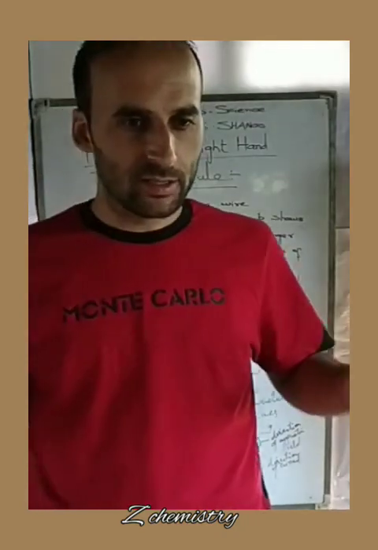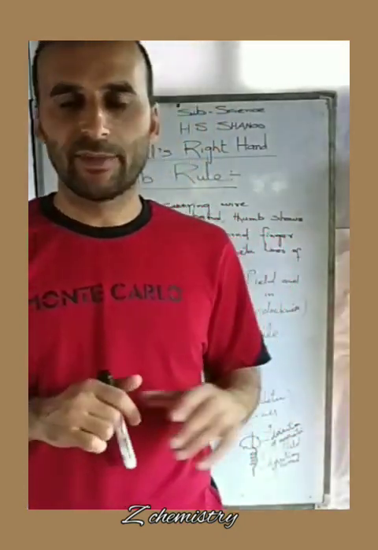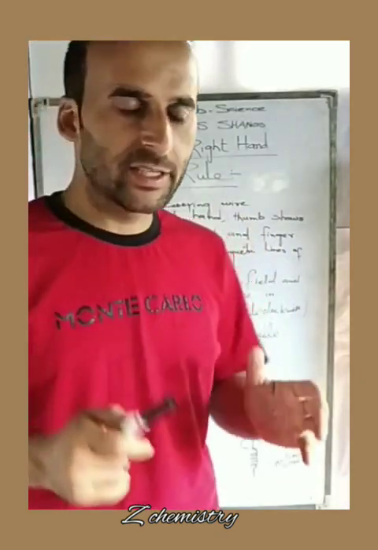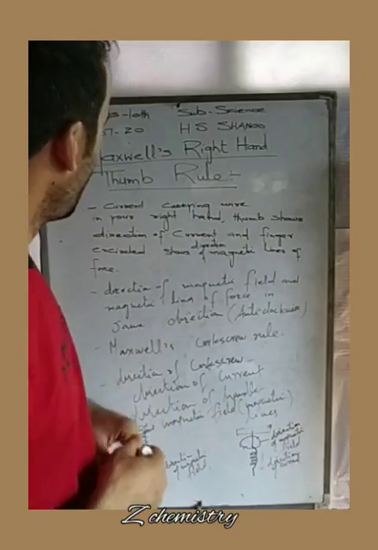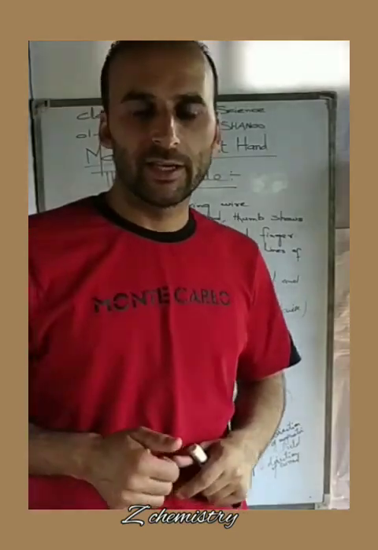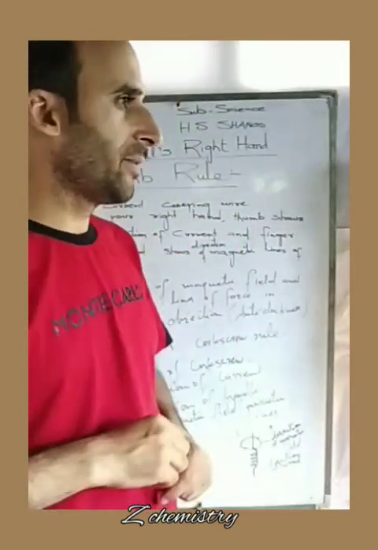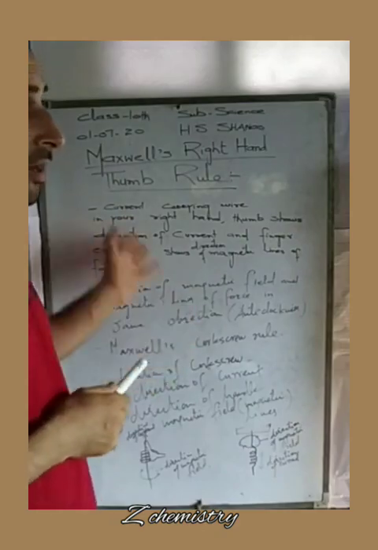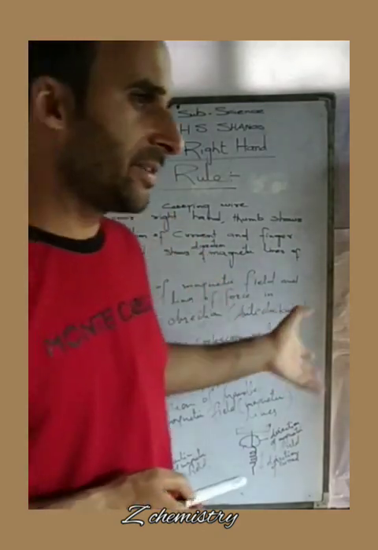The direction of current, the magnetic field and the magnetic lines of force are shown with the help of certain practices, where we usually use the right hand thumb rule. Besides this, there is another practice where we use a corkscrew to show the direction of the current, the magnetic field and the magnetic lines of force.